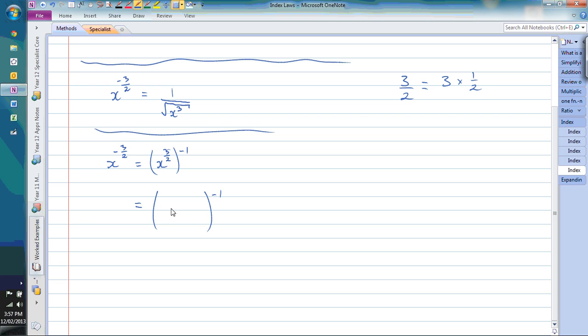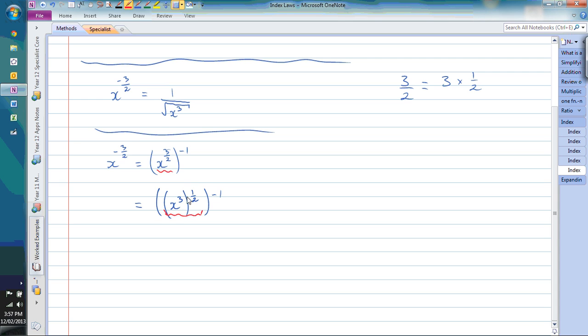I can write 3/2 as 3 times a half, so I can rewrite this middle part here as x cubed to the power of a half. So that bit that I've underlined red there is the same as this bit that I've underlined red here.